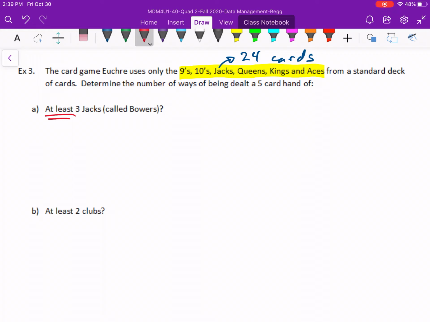If I want at least 3 jacks, I could have 3 jacks, or I could have 4 jacks, and that's it. You might think you could have 5 jacks until you stop and think about it and remember that there's actually only 4 jacks in the deck. So my only options are 3 jacks or 4 jacks. That would be the direct method.